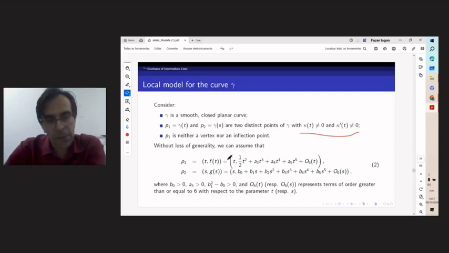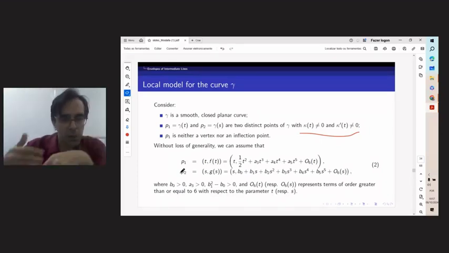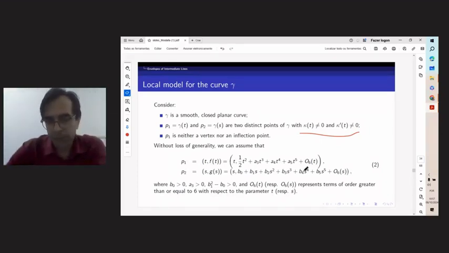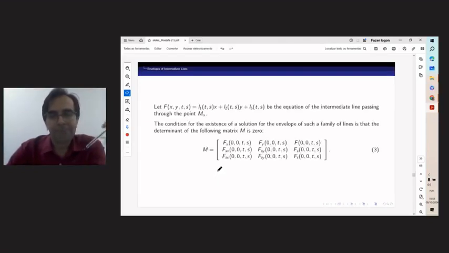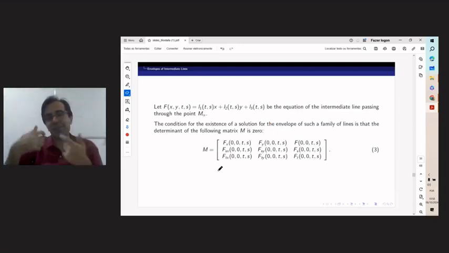We consider the local parameterization around the point P1, but for P2, we choose a general parameterization, and the rest here is really just a game for us.